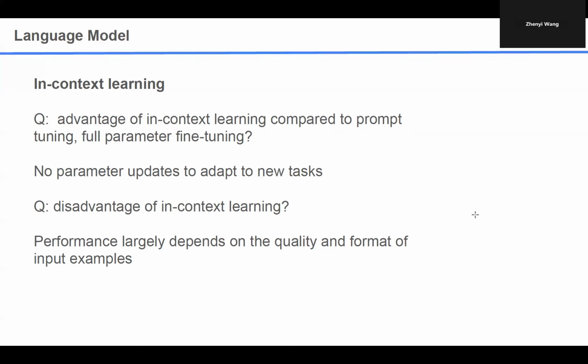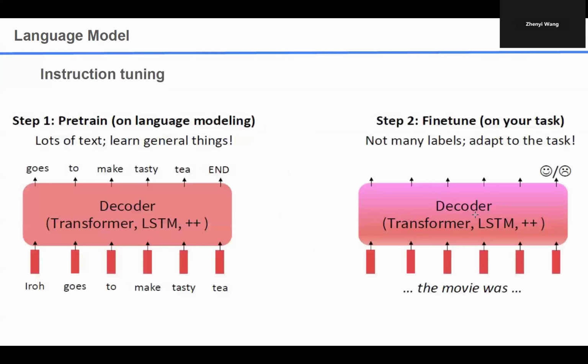The parameters themselves are static, but it cannot guarantee the performance on unseen tasks. So instruction tuning is to enhance the models, like in-context learning, by training on lots of instruction fine-tuning data sets.